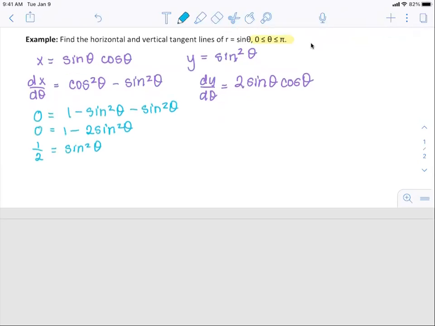And when we square root both sides, we get plus or minus 1 over the square root of 2 for the sine of theta. Now, 1 over the square root of 2, you may not recognize right away, but if you rationalize that, that is the square root of 2 over 2. So pi fourths is the first value for theta, but it's anywhere that it's positive, anywhere that it's negative, and again, only from 0 to pi. So that's going to be pi fourths and 3 pi fourths. These are our vertical tangent lines.